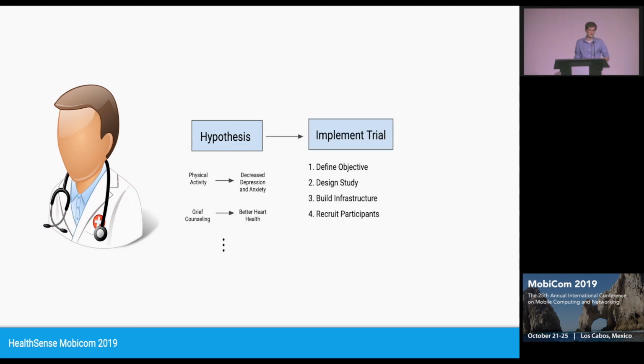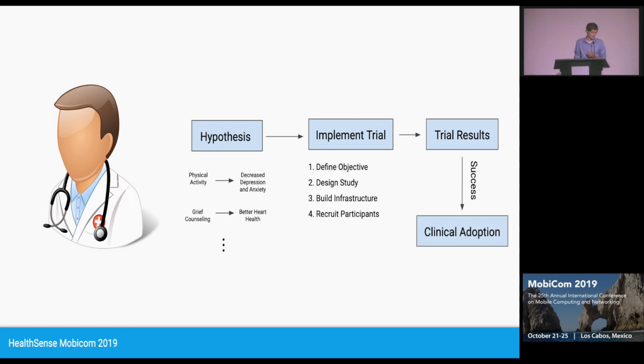This consists of defining an objective, designing a study, building an infrastructure, and recruiting participants. After the trial is executed and results are gathered, it's either determined that this intervention was a success, which leads to clinical adoption, or that the hypothesis is rejected, in which case the researcher has to go back to developing another hypothesis.